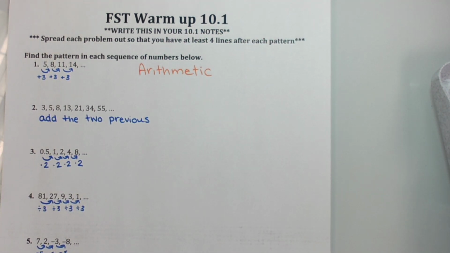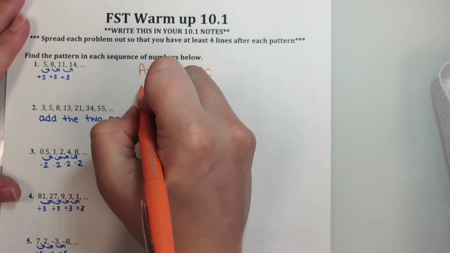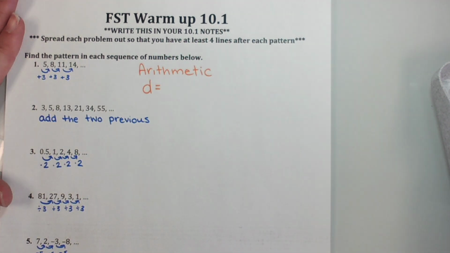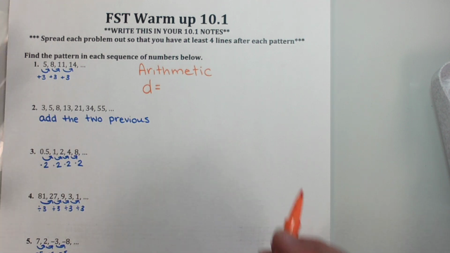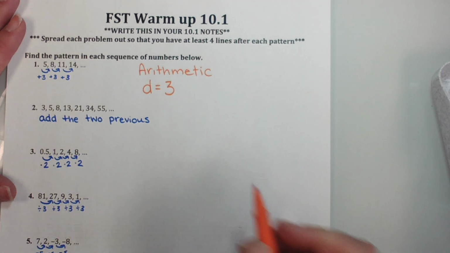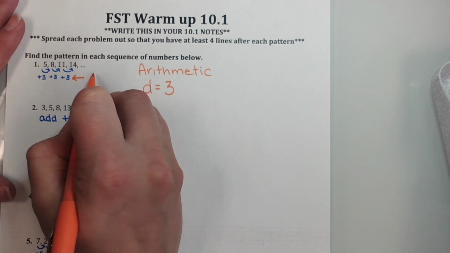Now, when we deal with arithmetic sequences, there are key features that we need. We need to know that common difference and one other thing, and we'll get to that in a second. Common difference is given by the variable d. On this first one, what's the common difference? 3. That is my common difference.